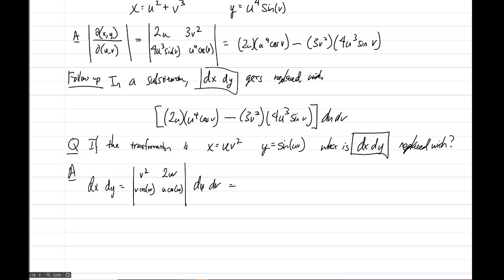And then if we just write this out a little more, which I think is still helpful, we'll have the diagonal entries v squared times u cosine of uv, then minus 2uv times v times cosine of uv, and then times du dv, just copying that from right there.